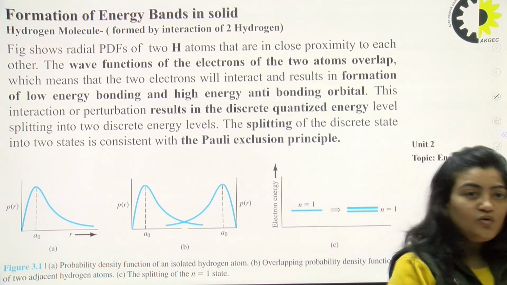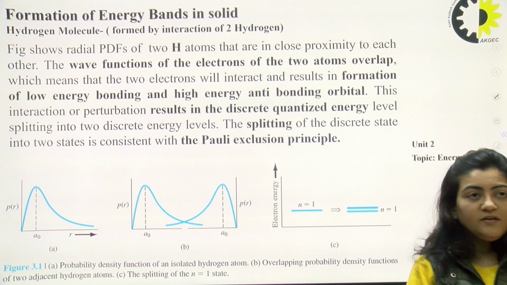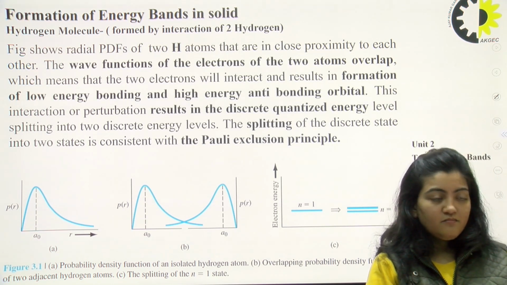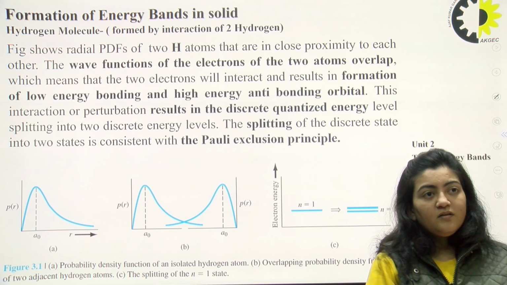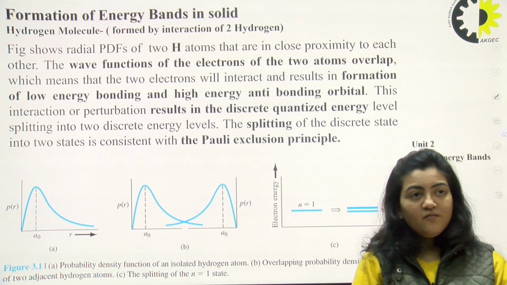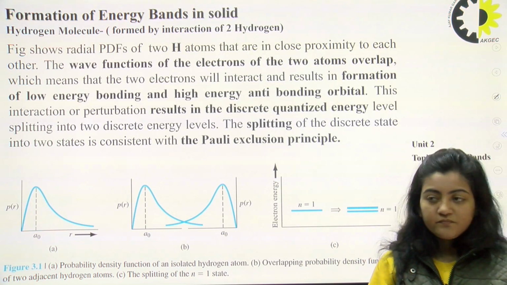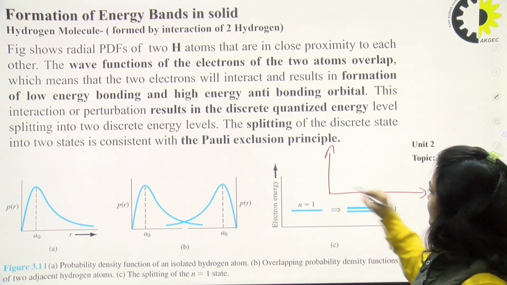As we all know, every atom in the physics world has a probability density function. So for hydrogen atoms we have this function.